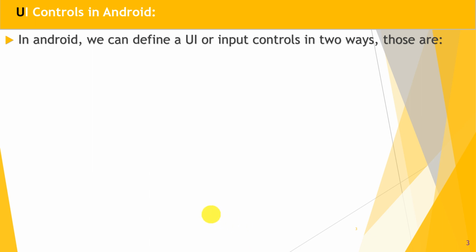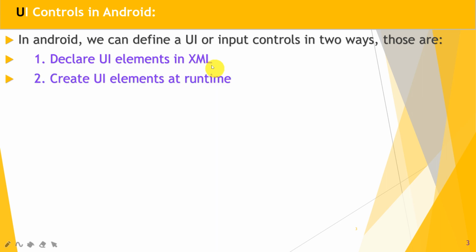Hope you understand. In Android, we can define UI or input controls in two ways. First, declare UI elements in an XML file, and second, create UI elements at runtime. Okay, great, guys. We will see both of these: how to declare UI elements in an XML file and how to create UI elements at runtime.